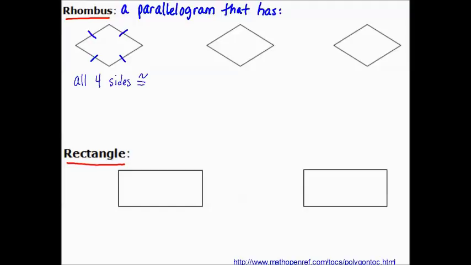If I draw the diagonals of a rhombus, you'll notice in this picture after we draw them that they make a T-shape or a right angle. The diagonals are perpendicular in a rhombus. You can think to yourself that means they make a 90-degree angle.